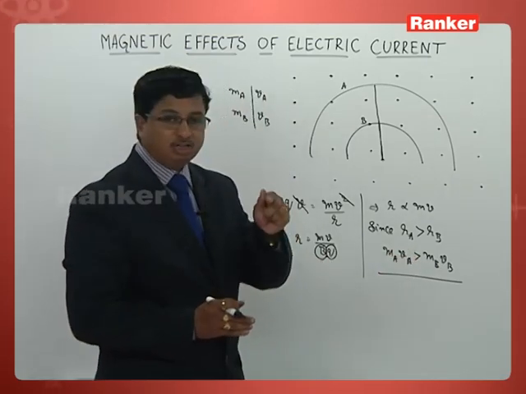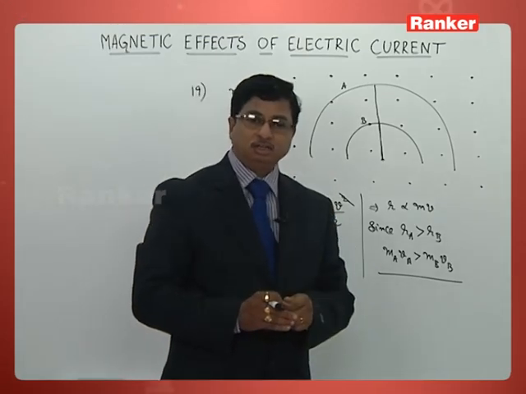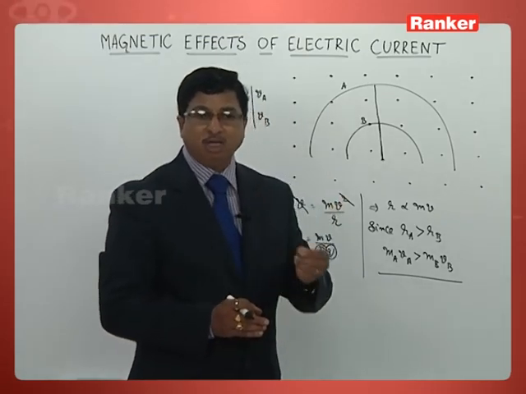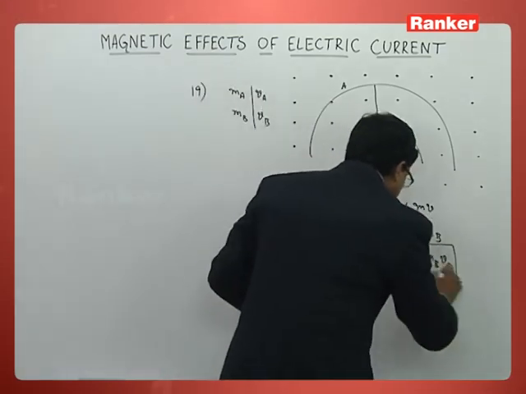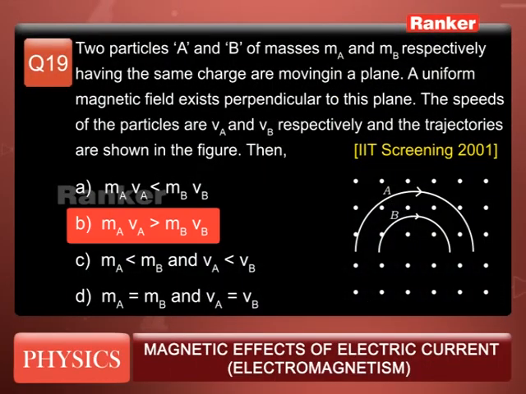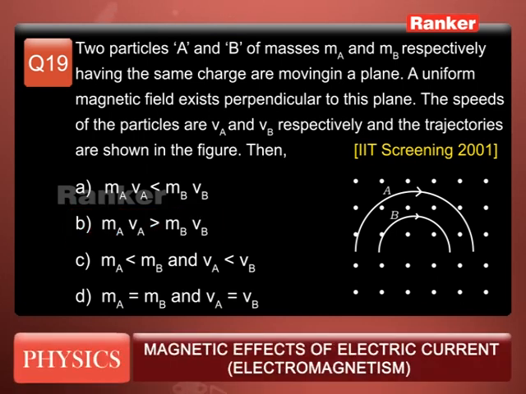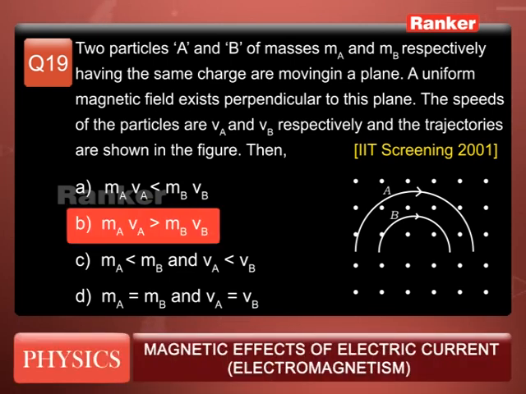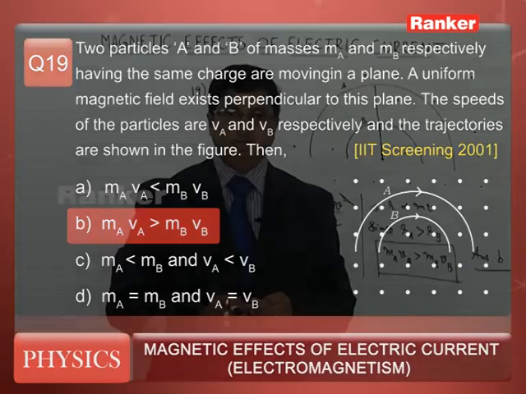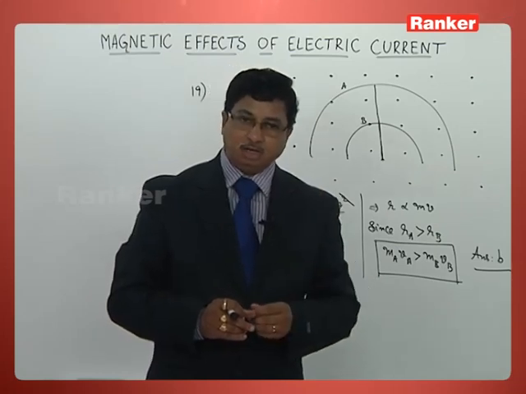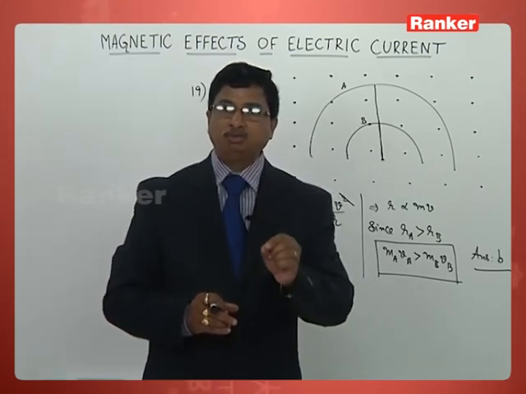So which option is given like that, you check that. Second option is given that way, MA VA is greater than MB VB. So this particular option tallies with the answer we have got here. So the correct answer for this particular question given in 2001 IIT screening paper is the second option. So momentum of the first particle is greater than momentum of the second particle.